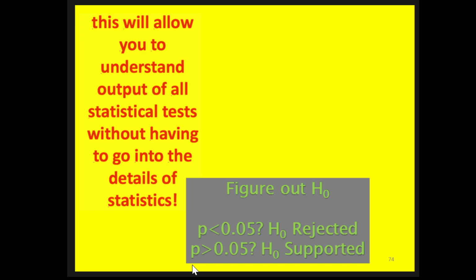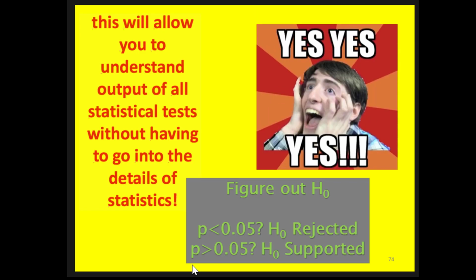If you can find the number in the end that is used to actually test it, then you're done. That number below 0.05, we reject H0. That number above 0.05, we support H0. And that is all there is to it, in fact. So it's actually quite easy when you think of it. There's nothing that you need to know other than what the heck are we testing here? And in the end, there is an answer. Reject it or not. And that's it.